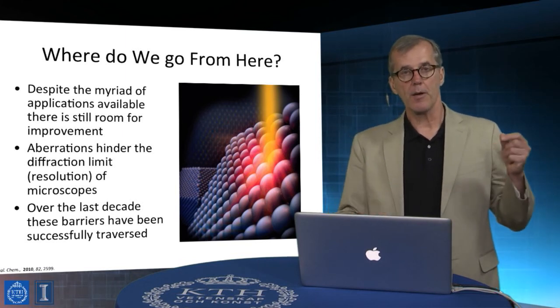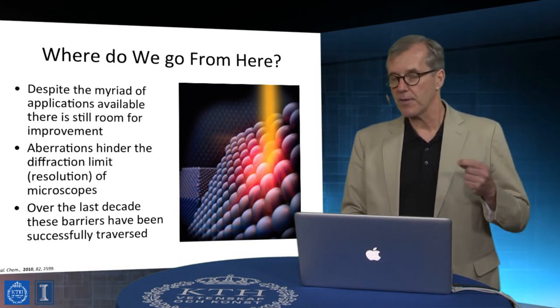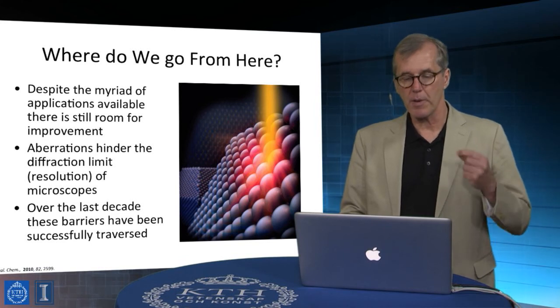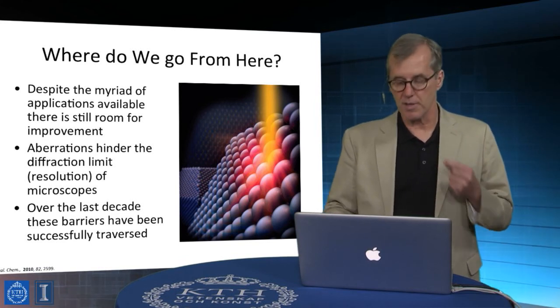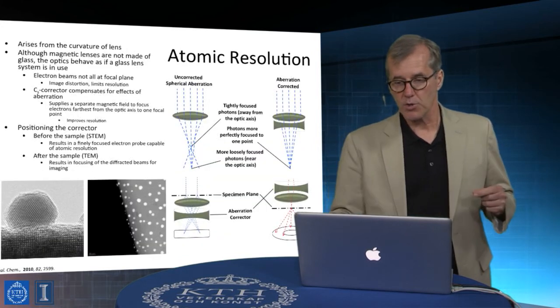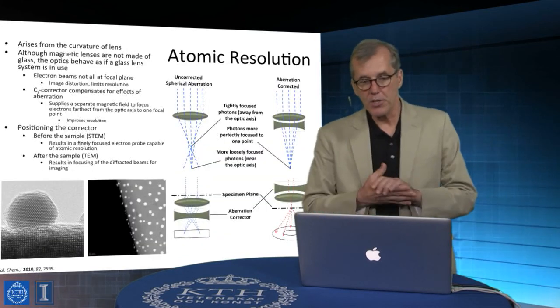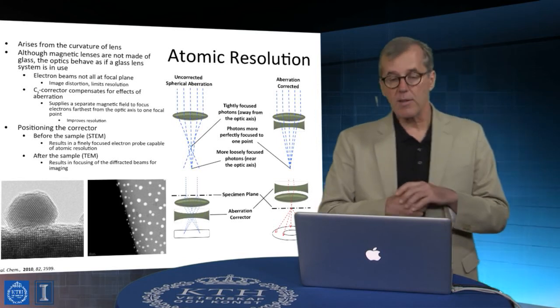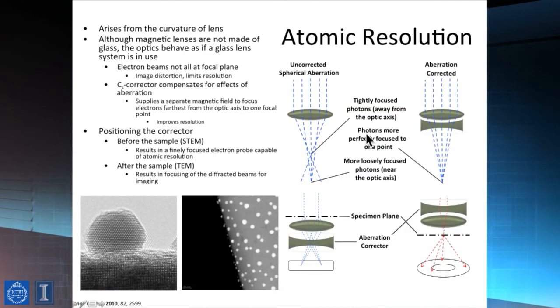We have electrons that have fantastically short wavelengths, but microscopes that don't realize the full precision of that short wavelength. And aberrations are at the heart of what limits this. And just using the analogy with light.